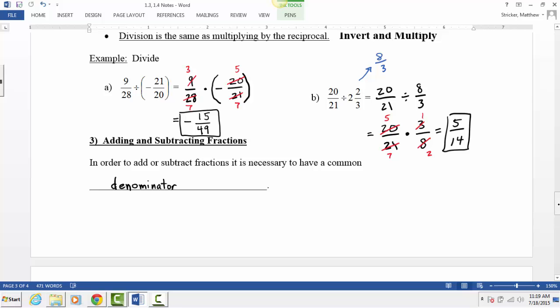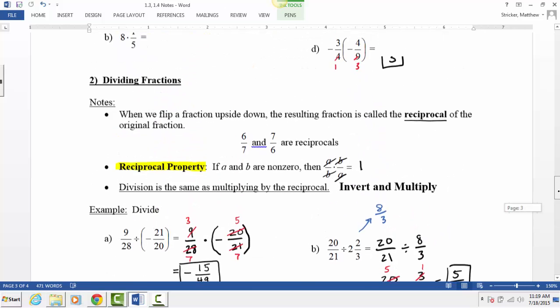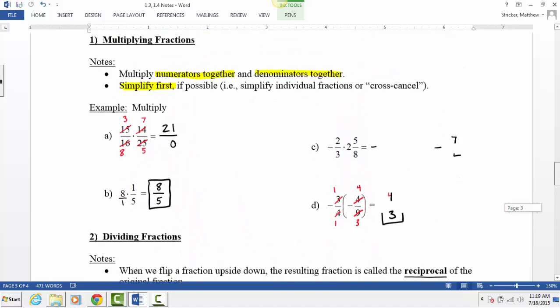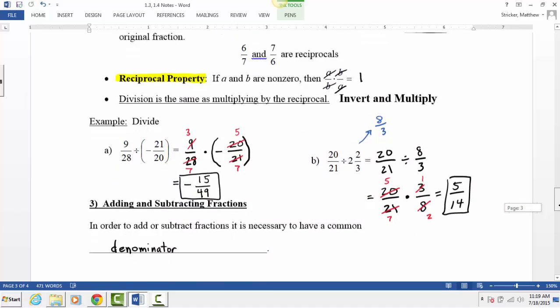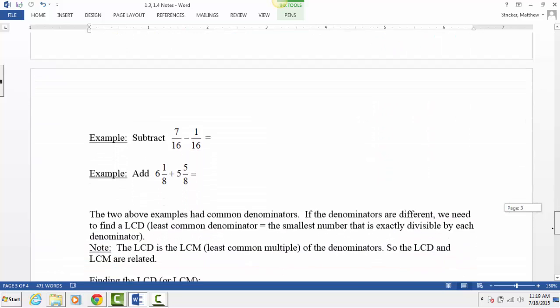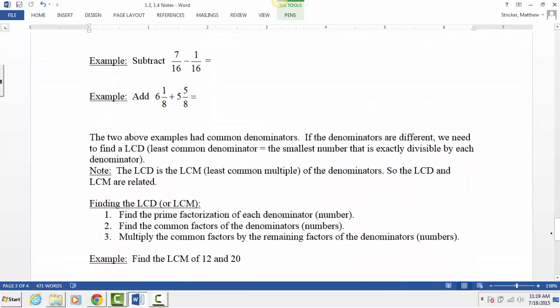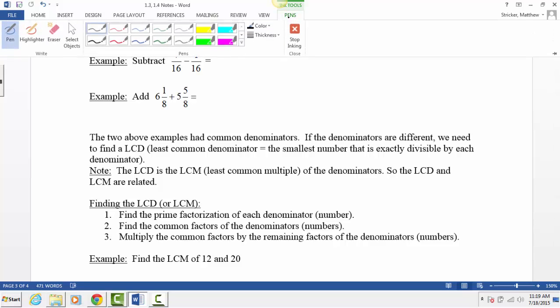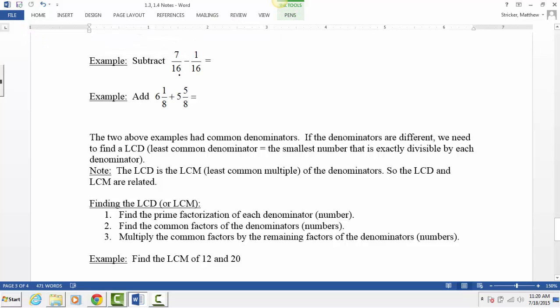You do not need to have a common denominator when we are multiplying or dividing like the previous examples, but whenever we're adding or subtracting, we do need a common denominator. So you'll notice here, if I want to subtract 7 over 16 minus 1 over 16, those are common denominators.